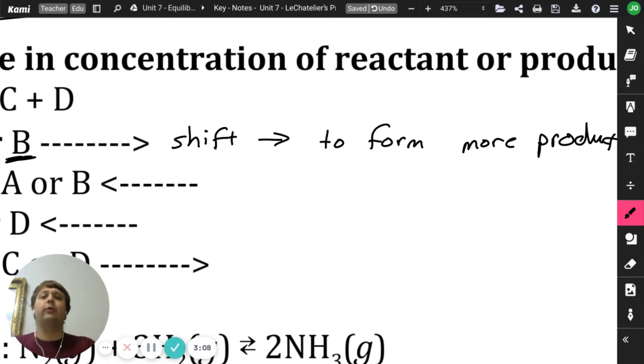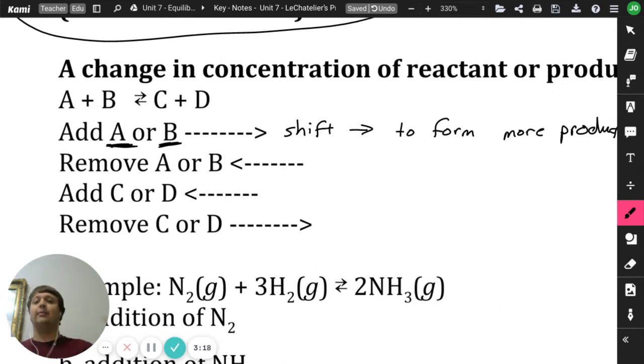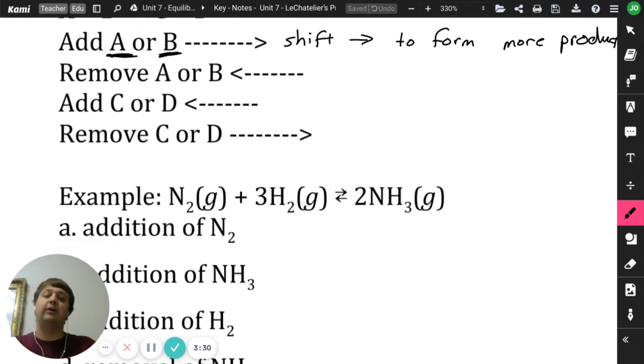So that's all we're doing, is we're going to be looking at these and seeing, okay, well, how is this going to affect my equilibrium? So if I remove A or B, again, those are reactants. So if I remove some reactants, then I'm going to see that shift to the reactant side to form more reactants, okay?